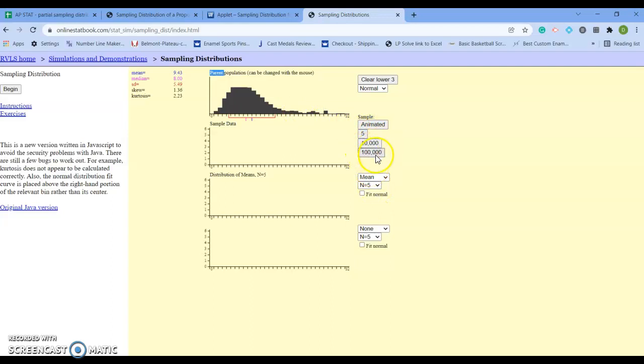And then maybe I generate 100,000 samples of size 5. And how about I throw a normal curve over that? So you can see how it's not too far off. We can look at the mean and the standard deviation. I can maybe do a larger sample size.